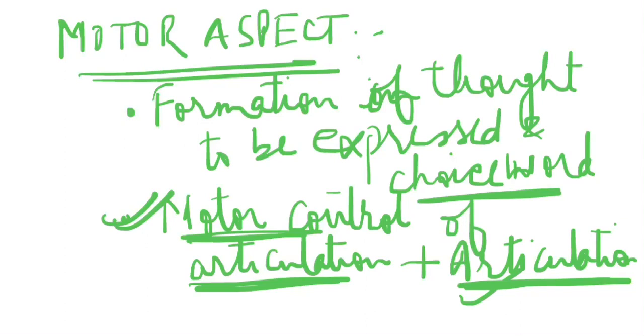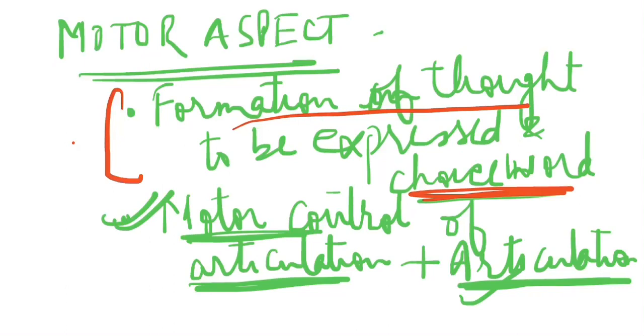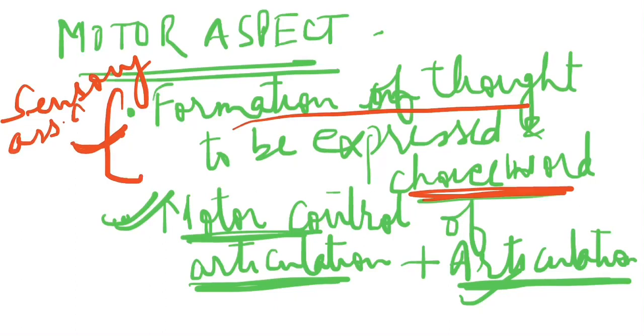So the formation of the thought as well as the choice of the word is the function of the sensory association area of the brain. And what is that particular sensory association area?